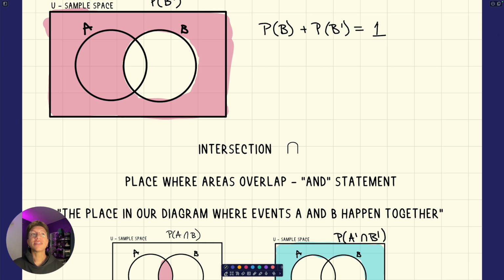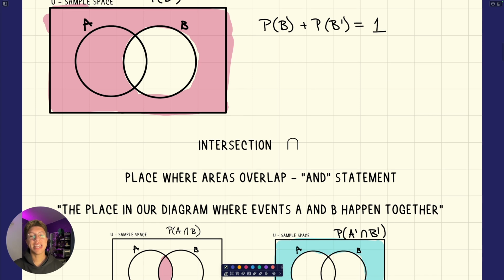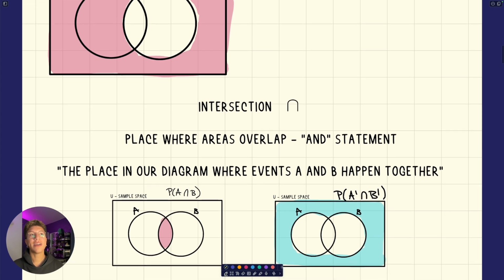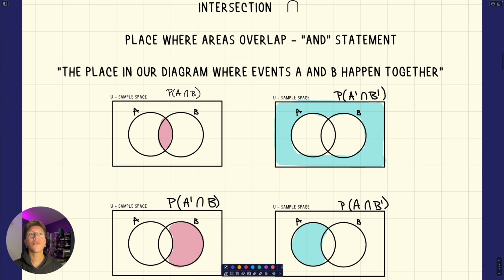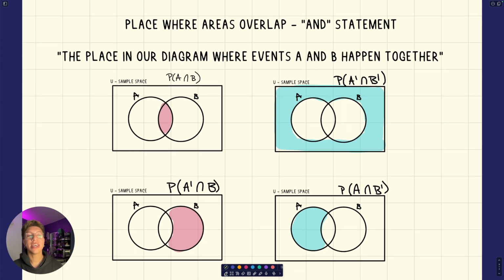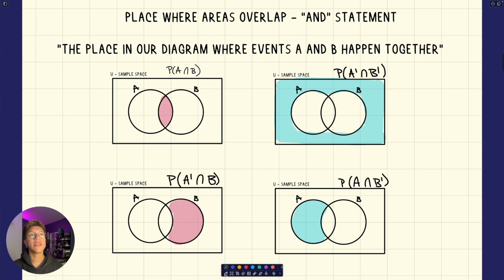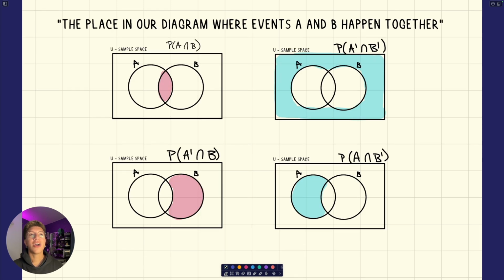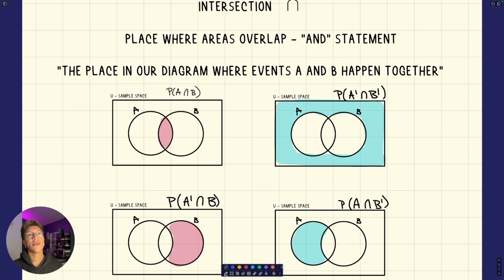That brings us to our first idea, which is intersection. Intersection tells us where two events that are given occur together. And so there's 4 total ways we can have intersections in a 2-circle Venn diagram, and those 4 are shown. Our intersection is our AND statement. So A and B occur together.